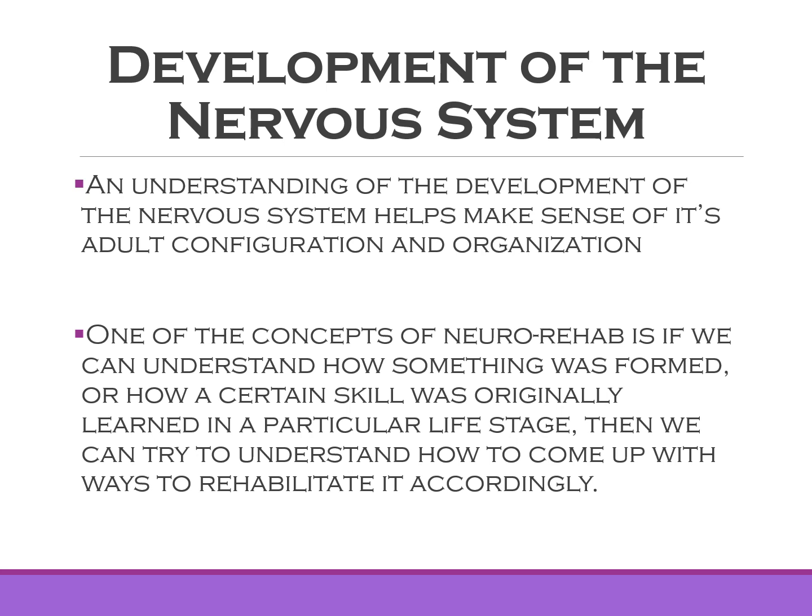So let's talk about the development of the nervous system. An understanding of the development of the nervous system helps make sense of adult configuration and organization. What do we think about here? Neuro rehab. When we're doing our neuro rehab, we want to think about how this person was made in the first place. How did we figure out how to myelinate?